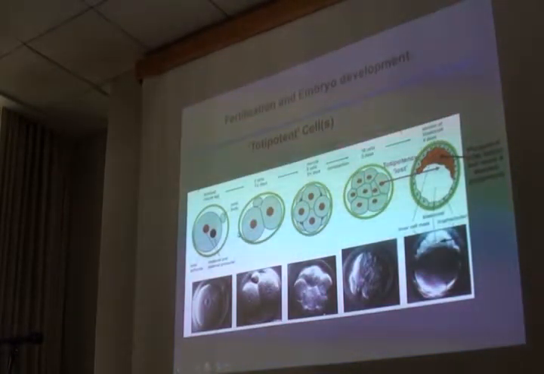So anyway, shortly after the egg is fertilized, you have your male and female pronuclei. And then at about 1.5 days, the pronuclei fuse together to form your nucleus, and then by about day 2, you have 2 cells, and then you have 8 cells, then you have 16, and so on, until you get to your blastocyst stage on the end.